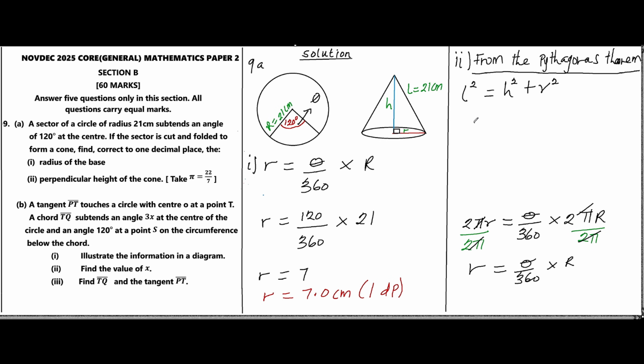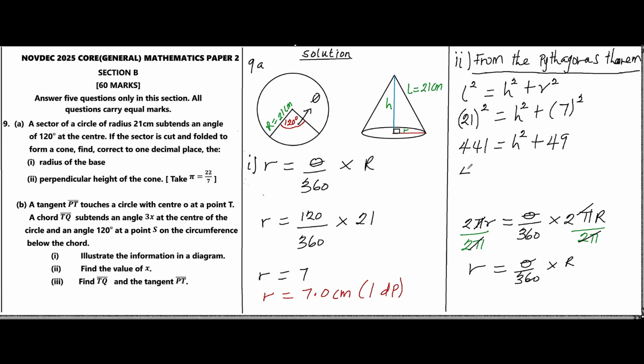So we just do our substitution. We know L as 21. So 21 squared is equal to h squared plus r squared. So r, we had 7. So 7 squared. So let's simplify. 21 squared, we have 441. This equals h squared plus 7 squared, which is 49. So let's group like terms.